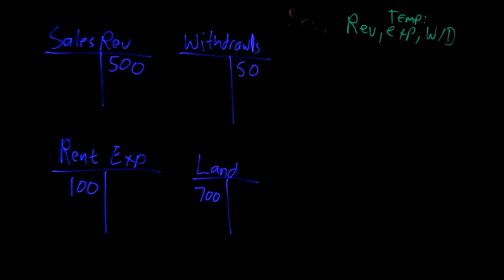So let's look at closing out temporary accounts. Here we have a really simple example with 4 accounts. The first step of the closing process is to close out revenue accounts. Here we have our sales revenue account. If we have a $500 credit in this account, to bring it to zero, we would have to debit sales revenue for $500.